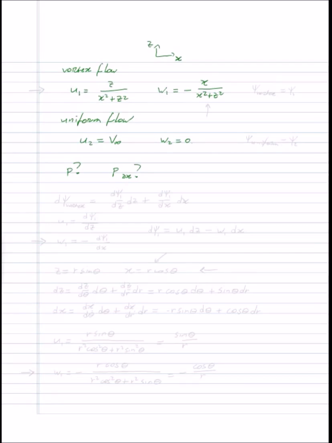So if we now find the psi for the vortex flow, and we find psi for the uniform flow, then we can add them together, and then we can get the velocity field. And once we've got the velocity field, we're going to use the Bernoulli equation to get the pressure field. Okay, so that's going to be our strategic plan.